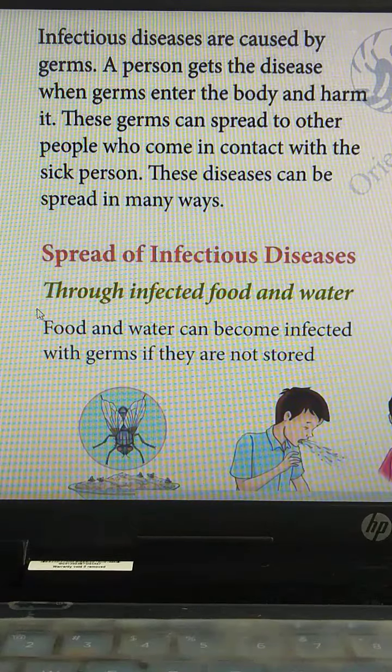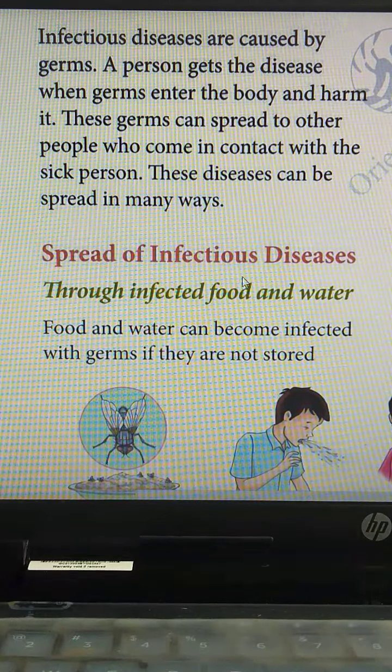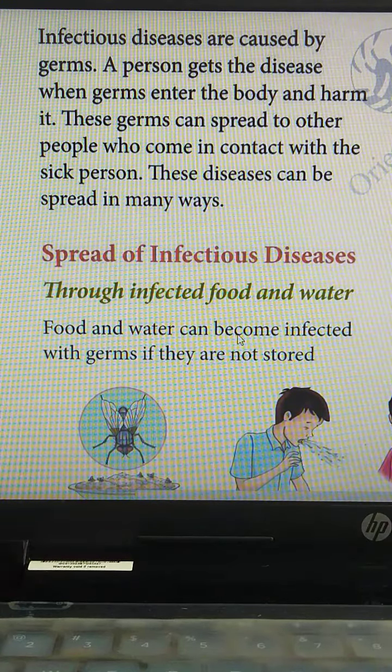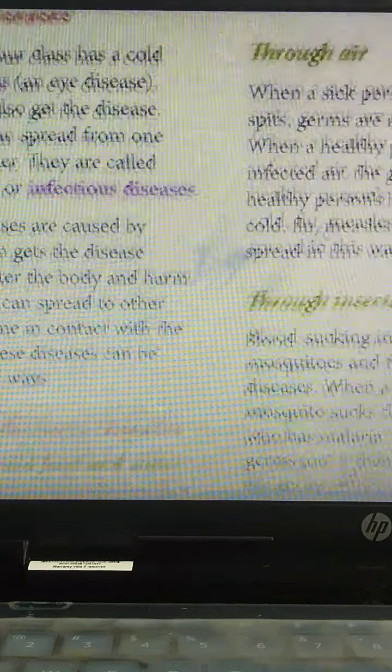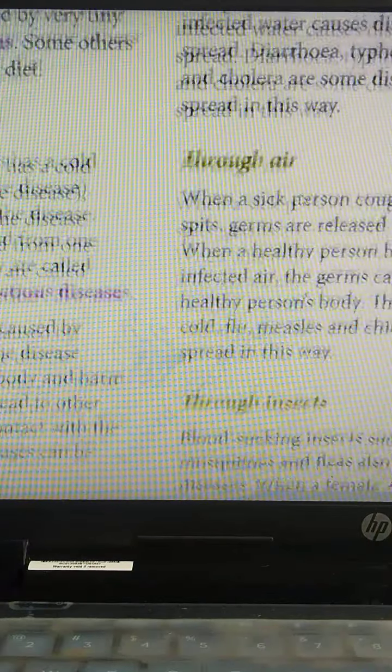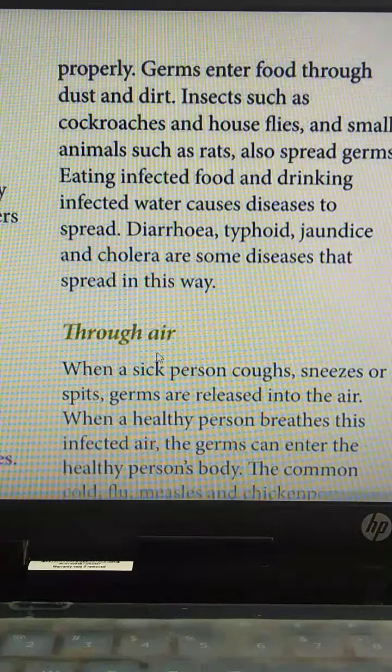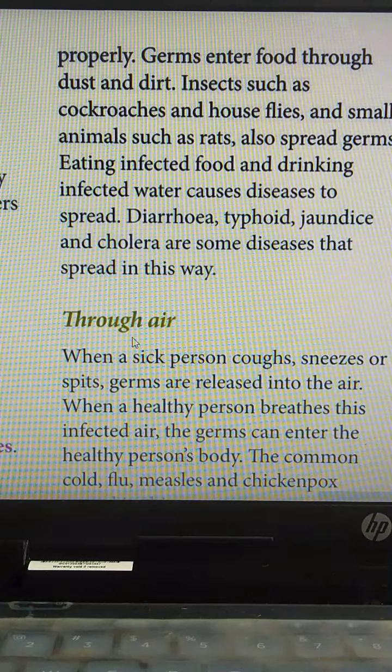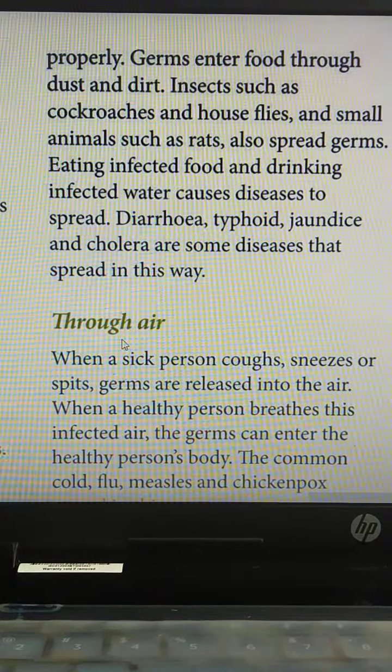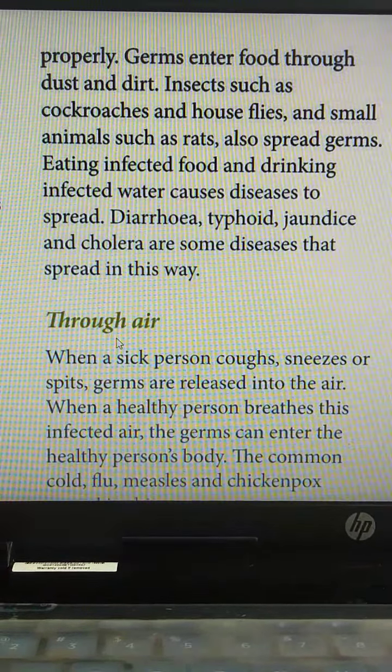So, spread of infectious disease. How does it spread? One is through infected food and water. Food and water can become infected with germs if they are not stored properly.